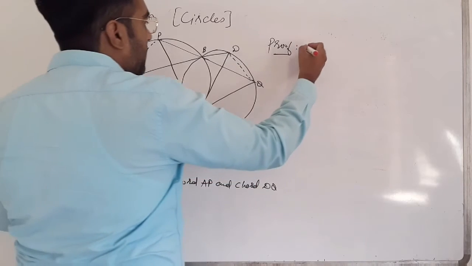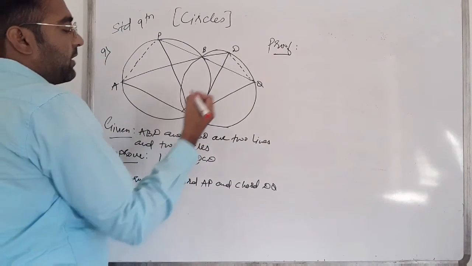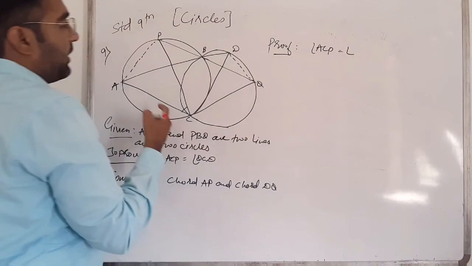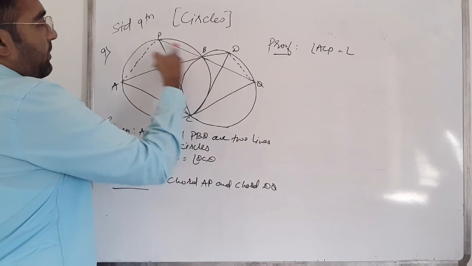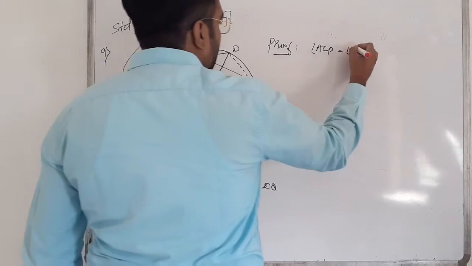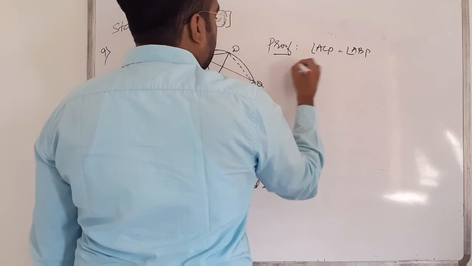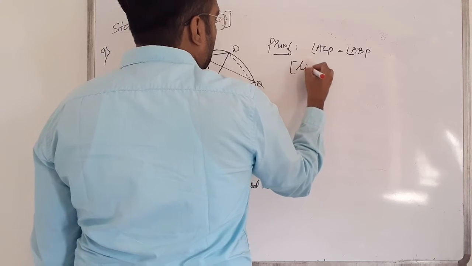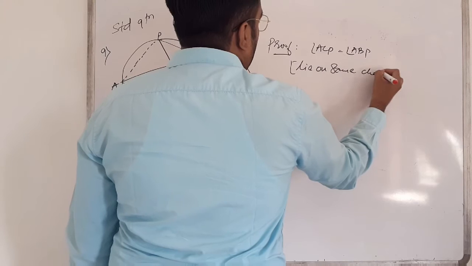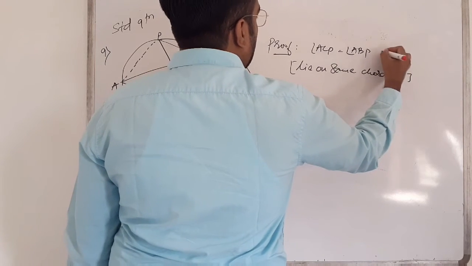That is angle ACP, this angle is equal to the angle ABP, because they lie on the same chord AP.